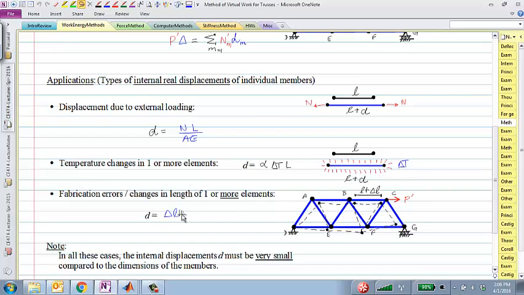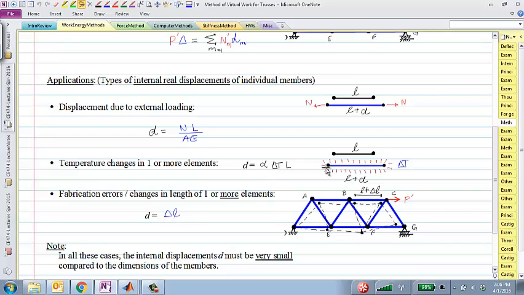If there is a misfit, the actual displacement is what we are calling delta L, right? If there are fabrication errors in one or more elements, then you need to take D, the actual displacement, which gets added to the displacement from any load. So NL over AE plus delta L is what you need to use.